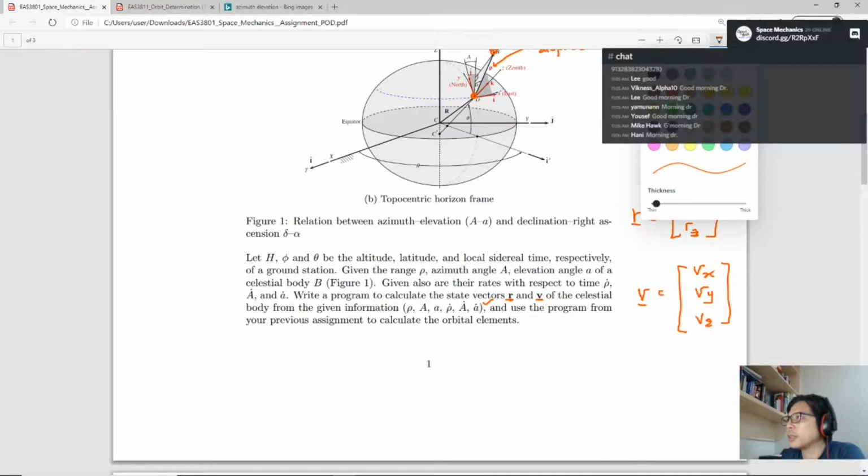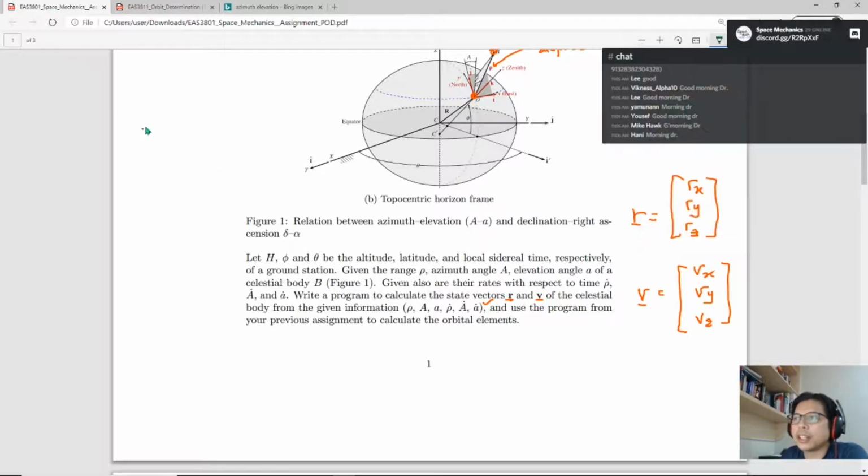So it's a big project here. Your job is, you get these numbers: rho, A, and small a elevation, and their rates of change. Then from here you need to find the state vectors in the global coordinate frame.